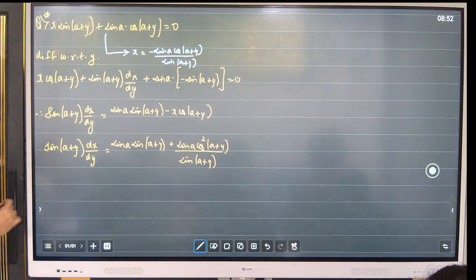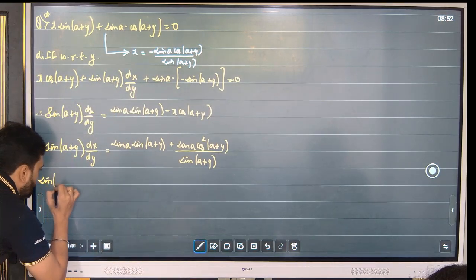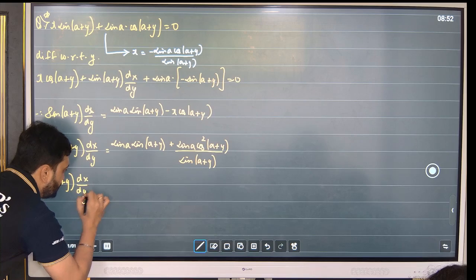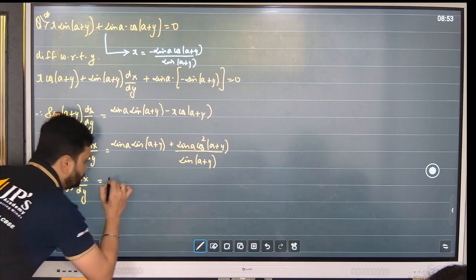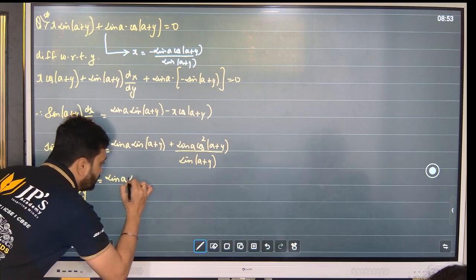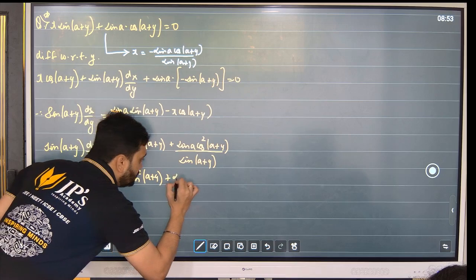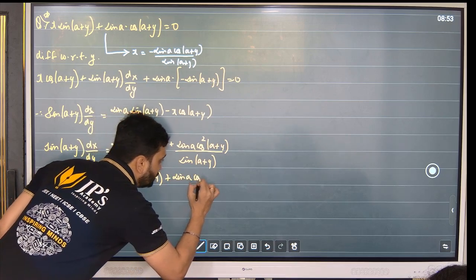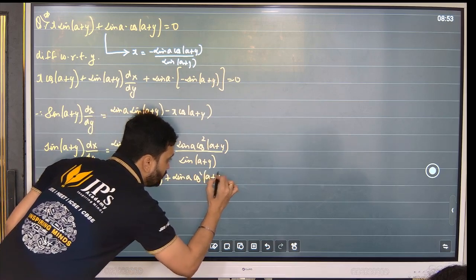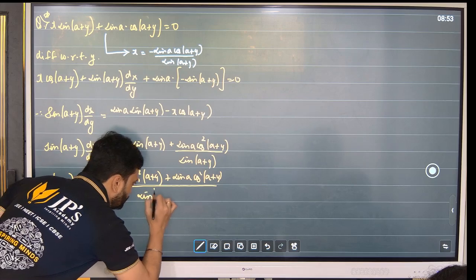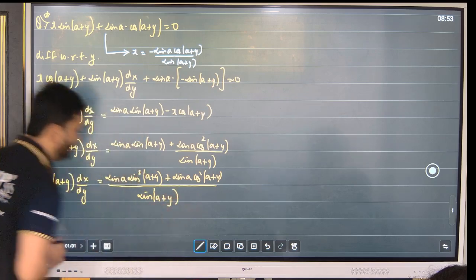And now when I solve it further, this will become sin(a + y) dx/dy is equal to sin squared(a + y) plus sin a cos squared(a + y), the whole upon sin(a + y).